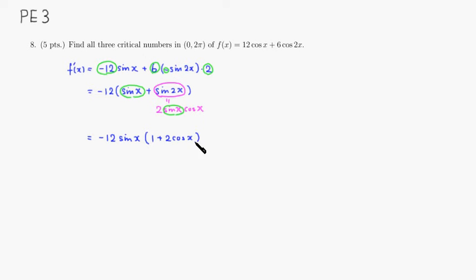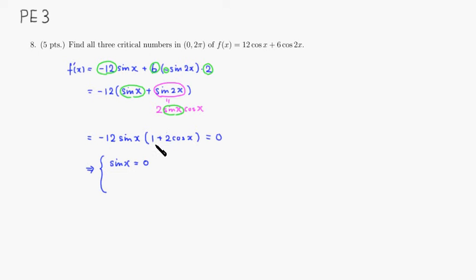And so this is the derivative, so we want to set that equal to 0 so that we can find a critical number. There are a couple of possibilities we can think of. We can make sine of x equal to 0, so we look for the angle x which makes sine 0.